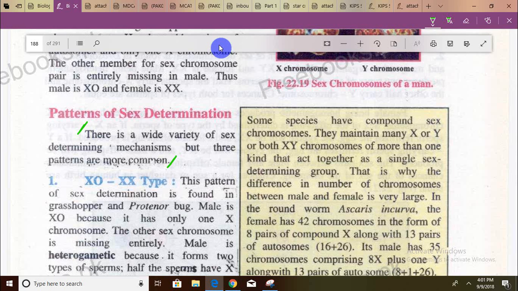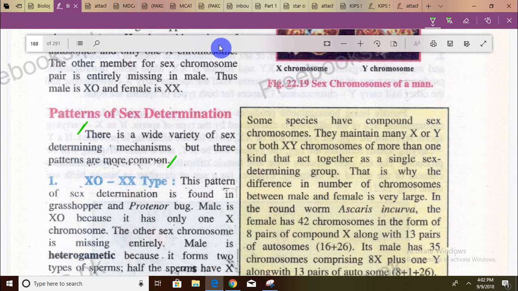Anyhow, there is the XO-XX type, and this pattern of determination is found in the grasshopper and in the proteinop bug. So it's XO-XX, right?